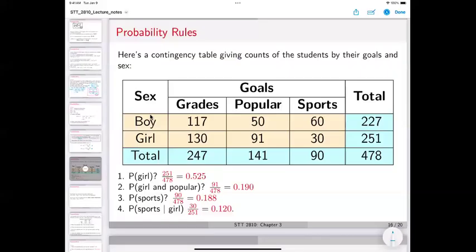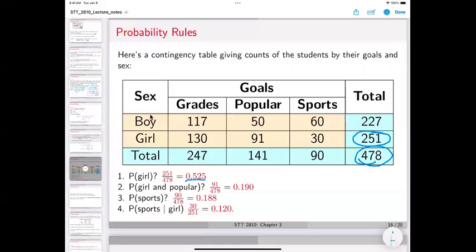So you see sex here and then goals there. Now, what is the probability of a girl? The total number of girls is what? 251. Is that okay? Divided by the total. So that is 251 divided by 475 gives you that.